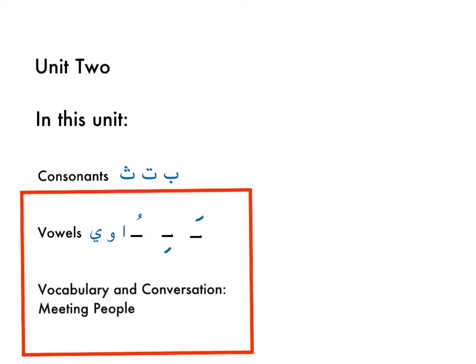In this section of Unit 2, we are going to cover the short vowels fatha, kasra, and dhamma, as well as their companion long vowels alif, waw, and ya, and also the vocabulary that you need for making conversations and meeting people.